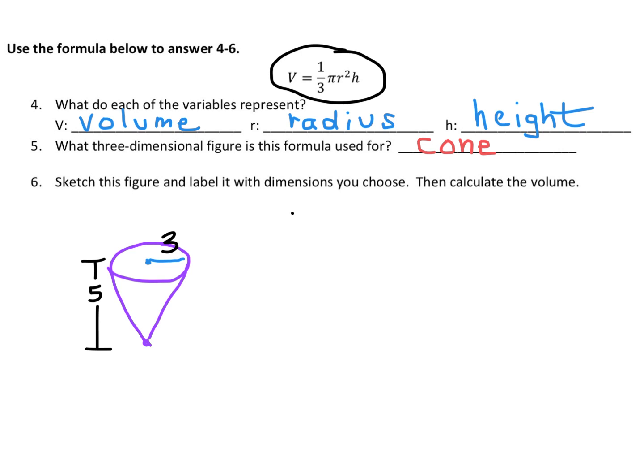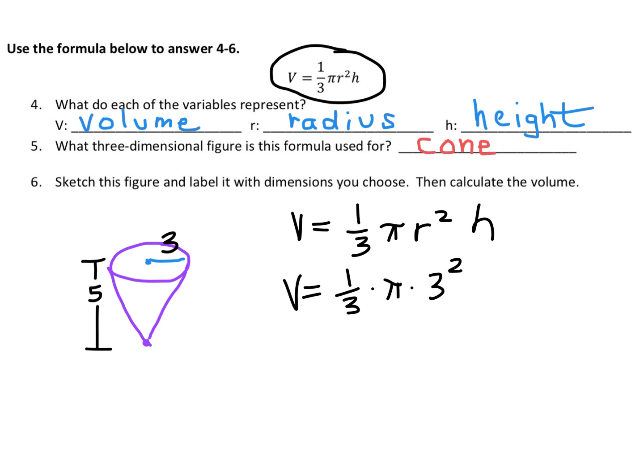Okay, now I'm going to write that formula down and then substitute in the values. Okay, so a third times pi times, I said the radius is 3, so times 3 squared, and I said the height is 5.